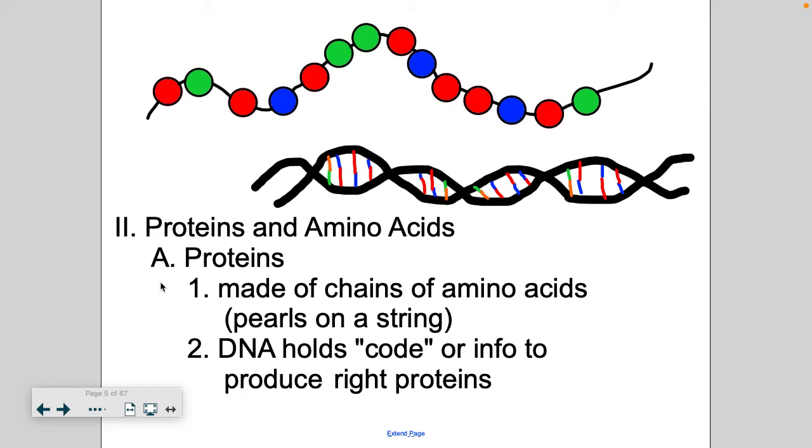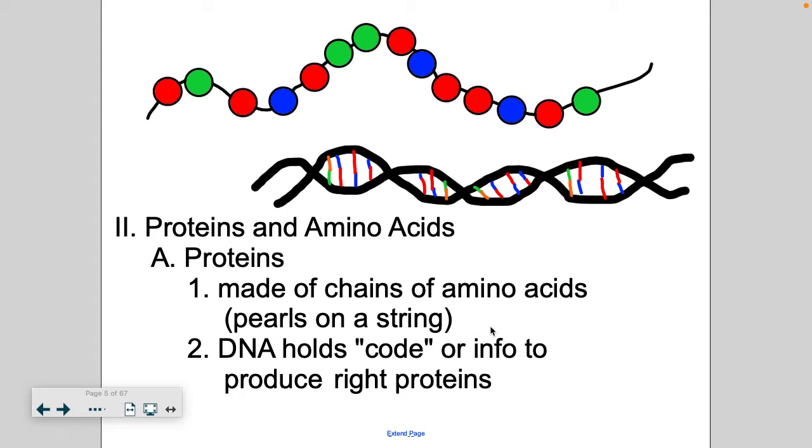Proteins are made up of chains of amino acids. This is review. We talked about the 4 macromolecules of life: carbs, lipids, proteins, nucleic acids. And then we talked about their monomers. What are they made up of? Nucleic acids are made up of nucleotides. Carbohydrates are made up of sugars or monosaccharides.